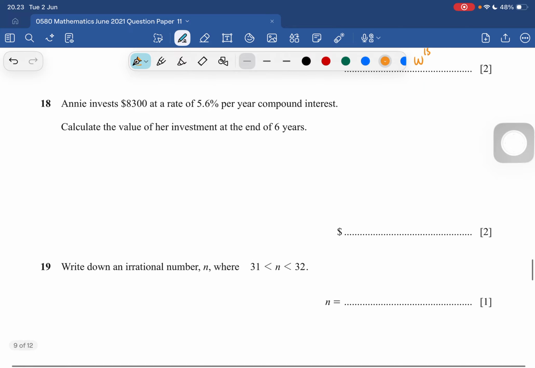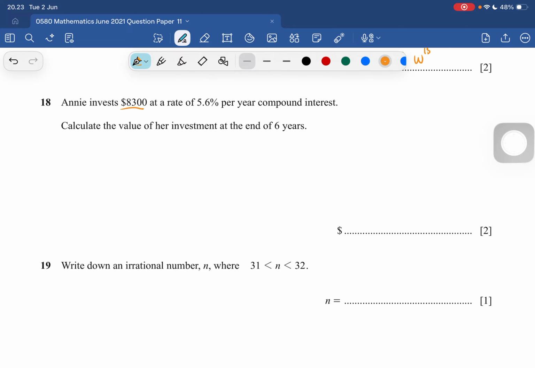Okay, 18. Invest 8,300 at the rate of 5.6%. Okay, look at that. They state it as compound interest. Calculate the value of her investment at the end of 6 years. So after 6 years, we need to find it.